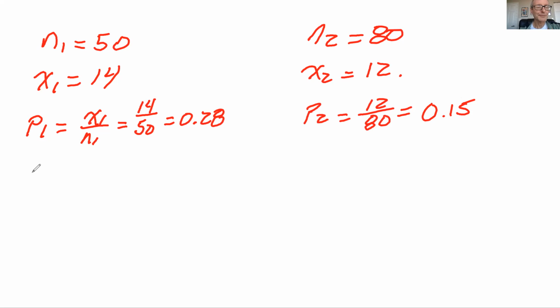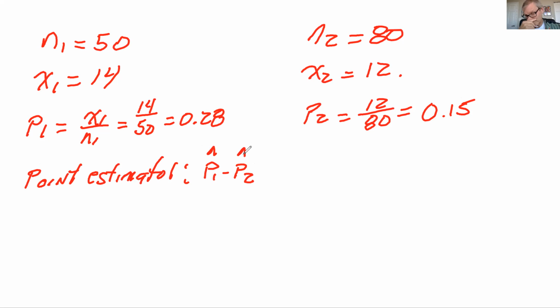So what is our point estimator? Our point estimator is P1 minus P2. And if you look in the book, they put these little hats on top of it like that. So just to make sure that everything follows the book, I'll do that as well.